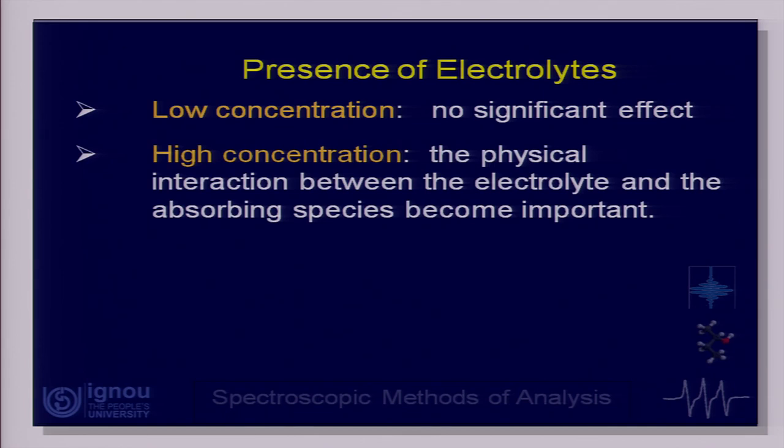But when the concentration of electrolyte increases, earlier we talked about the absorbing species interacting among themselves, that is, one absorbing species and a second one interacting. Now there is one species here and there are electrolytes around it.